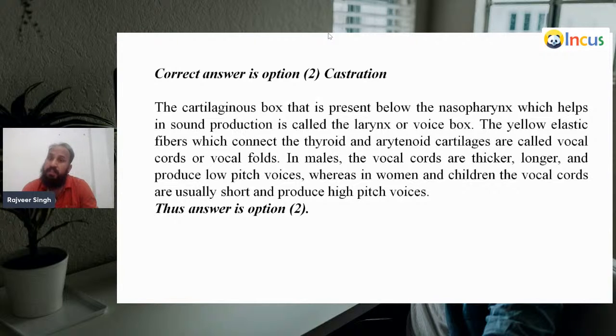The yellow elastic fibers, which connect the thyroid and arytenoid cartilage, are called vocal cords or vocal folds. In males, the vocal cords are thicker, longer, and produce low pitch voice, whereas in women and children, the vocal cords are usually short and produce high pitch voice. That is why we have chosen the second option, castration.